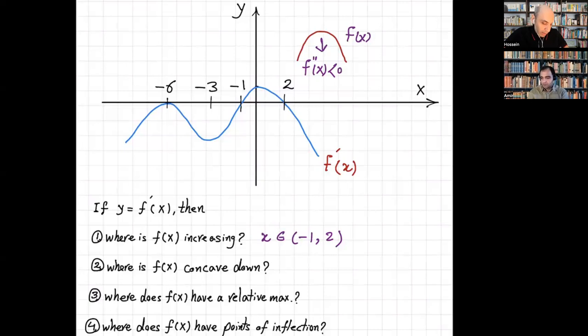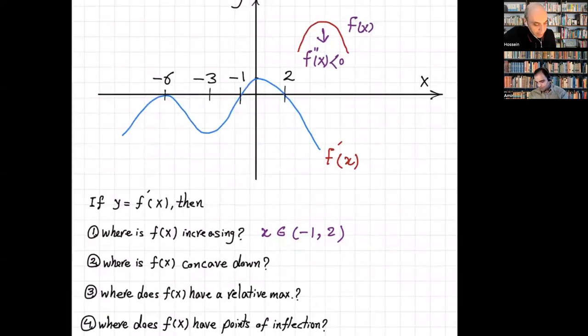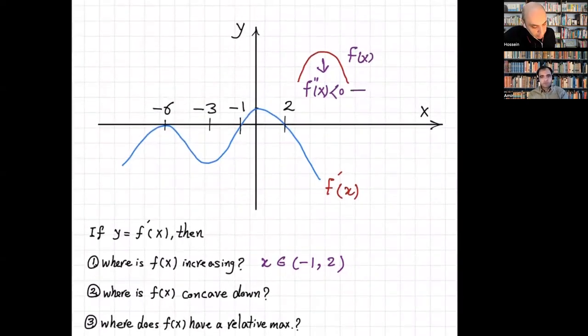We don't have the second derivative curve. We have the first derivative curve, so we want to translate that in terms of the first derivative. If the second derivative is negative, it means that the first derivative should be decreasing.